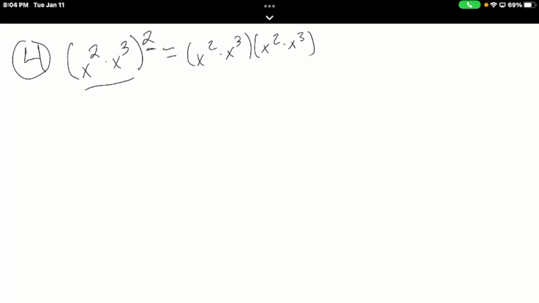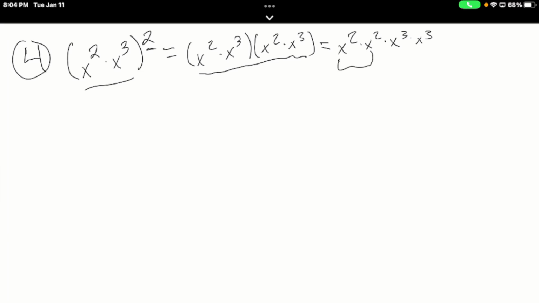Since multiplication is commutative, we haven't probably used that word in a while, but everything in here is being multiplied. So I'm going to take everything that's kind of the same and move it next to each other. So I can rearrange this to make something like x squared times x cubed times x cubed. And when I do that, I'm going to notice a little something.